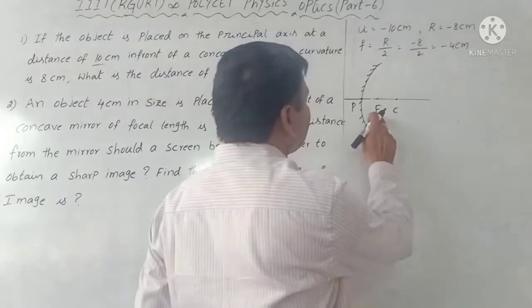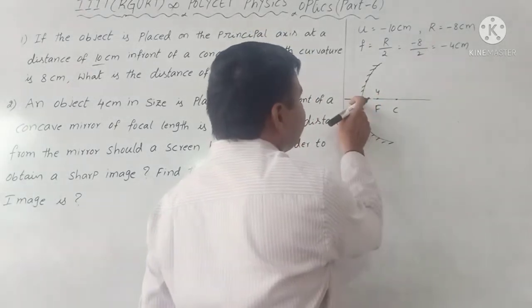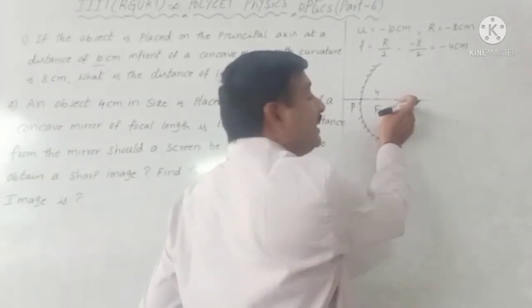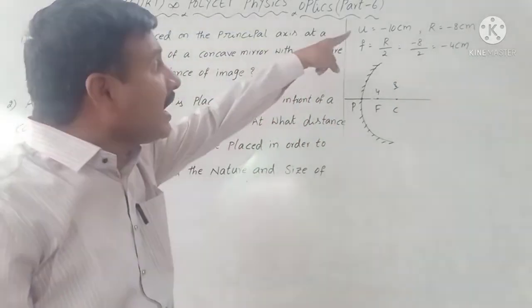Focal length is given, 4 centimeter, so the distance between P and F is 4 centimeter. Then P to C, the radius of curvature, is 8 centimeter. The object is at 10 centimeter.